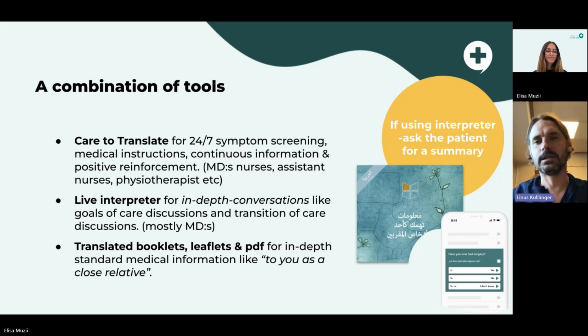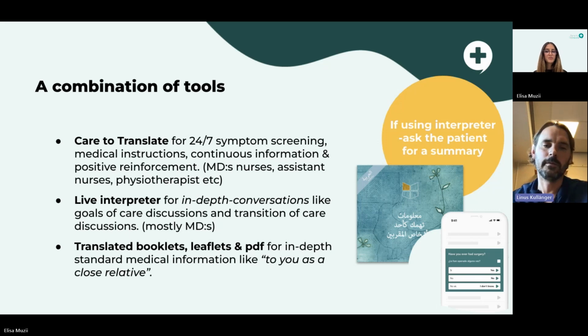That kind of situation opens up so many questions, and it's really important to get them to be able to ask all the questions, and to have all the nuances of the language there. When you use a live interpreter, in our case it's mostly the medical doctors who use it, because we are the ones who have the long conversations with the patients.